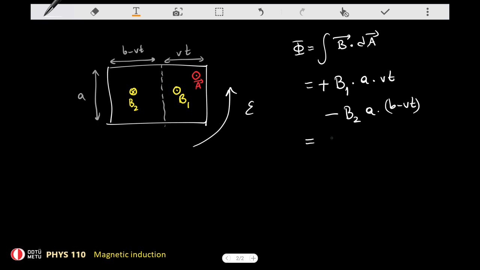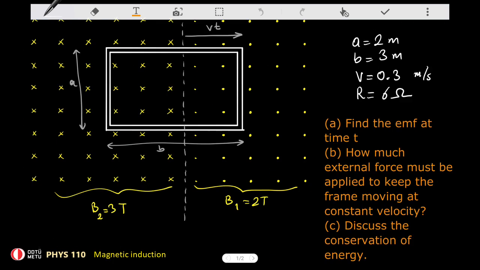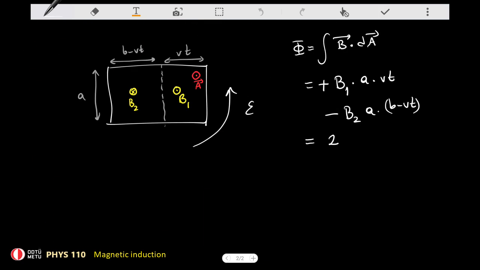So first magnetic field was 2 Tesla. I need to remember these values. A is equal to 2, B is equal to 3, and velocity is 0.3. Multiplied with 2, multiplied with 0.3 t. And then we have minus 3 times 2 times, this was 3 minus 0.3 t.